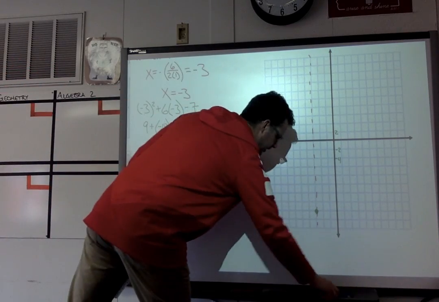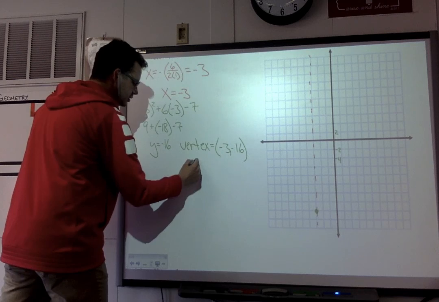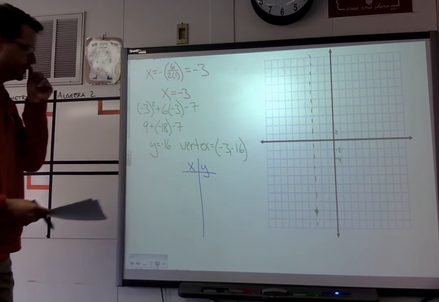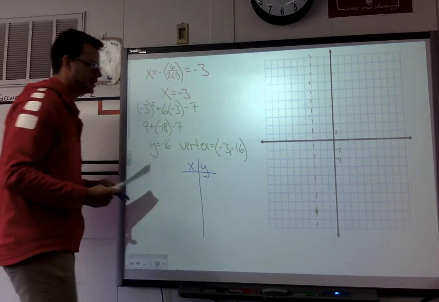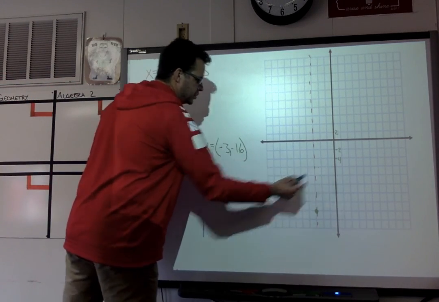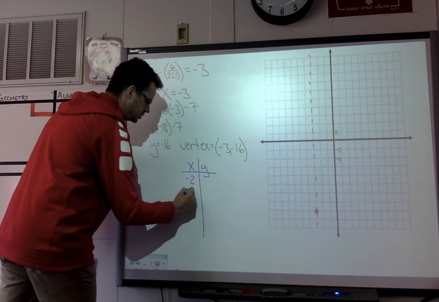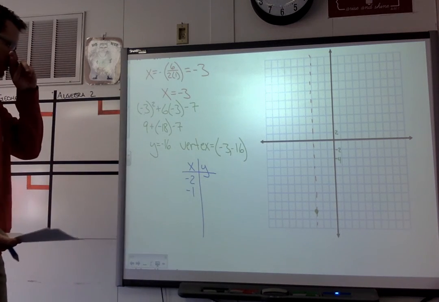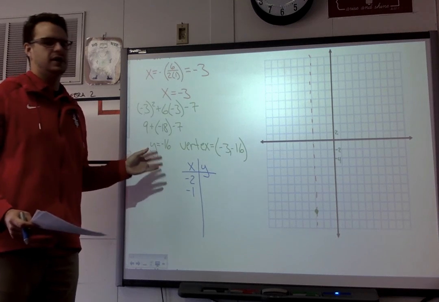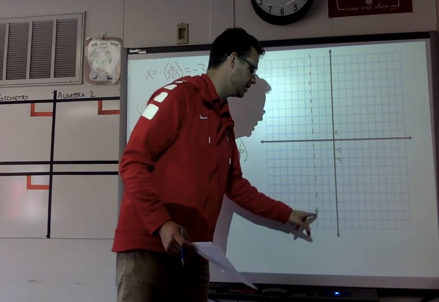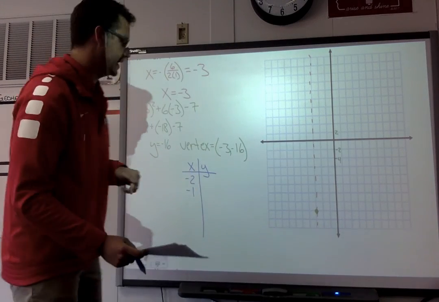Now I'm going to make my table to graph this. I'm going to go 2 to the right, so I'm going to use negative 2 and negative 1. Now here, I need to make sure that I get to the point that my graph will cross the x-axis.